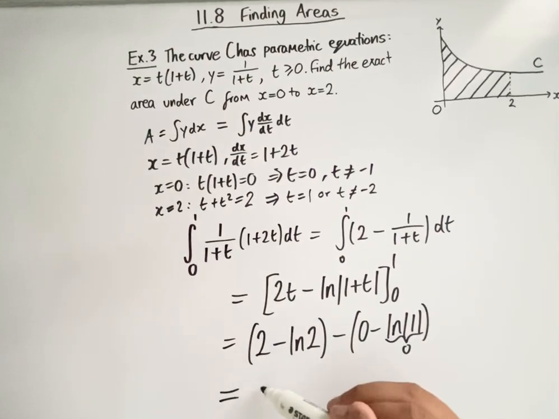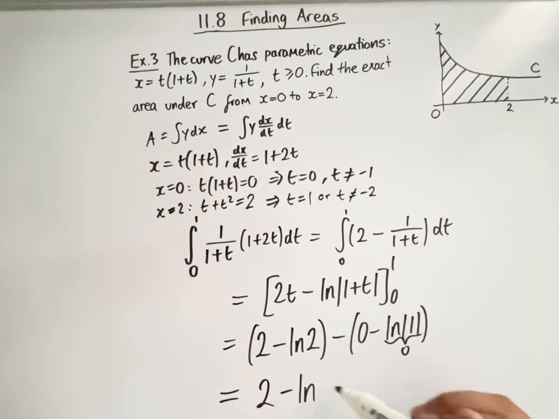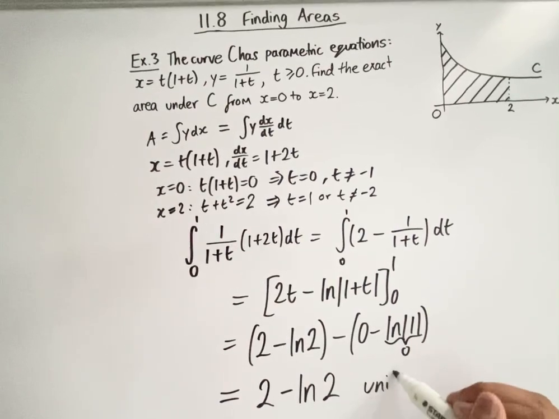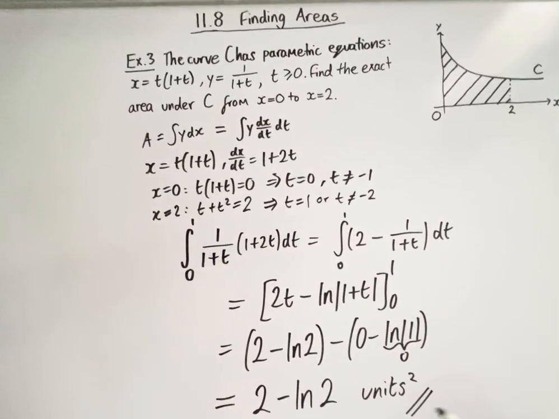And so all you're left with is 2 minus the natural log of 2 units squared. And that's about it.